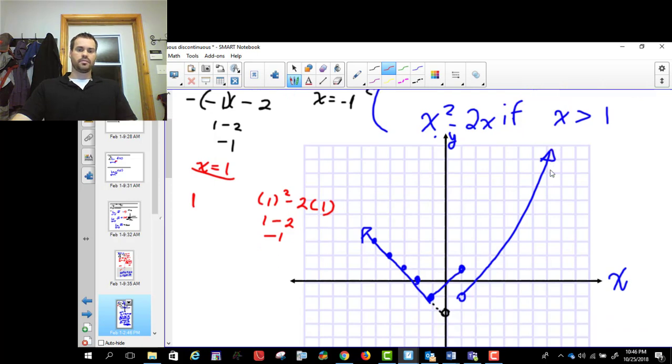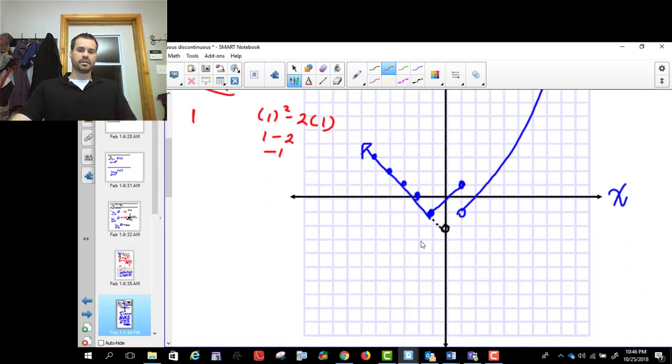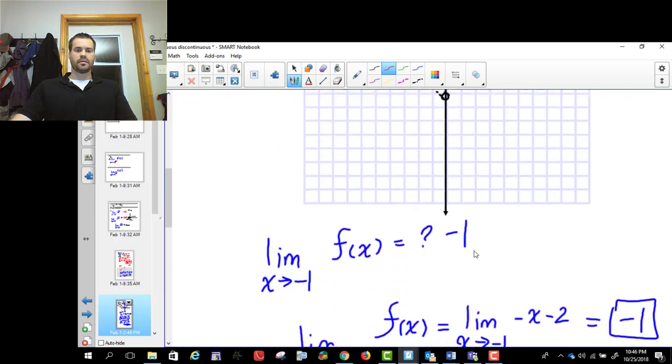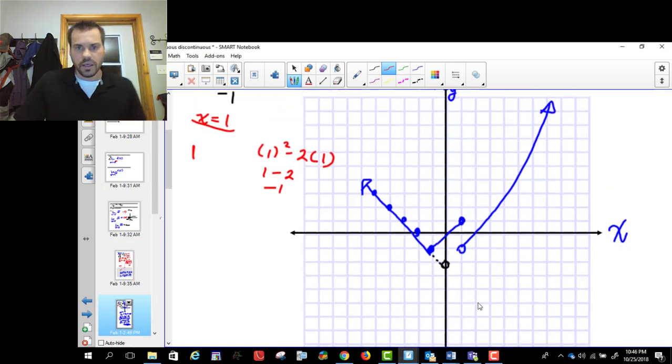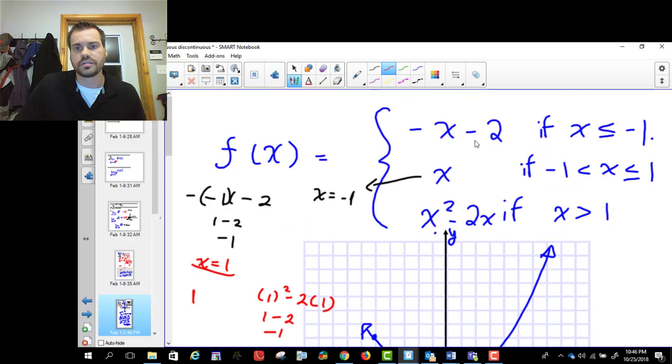Okay? So once we've drawn the graph, we can see what the limits are pretty easily. Let's say I want the limit as x approaches minus 1 of f of x. According to our graph, the answer is minus 1. If we didn't want to draw the graph, we could do it by looking at these two functions.